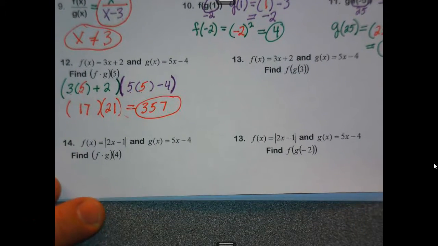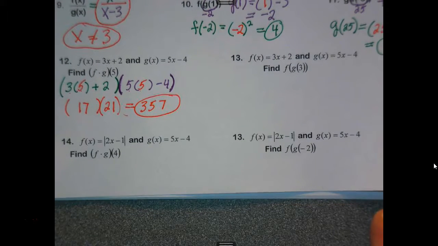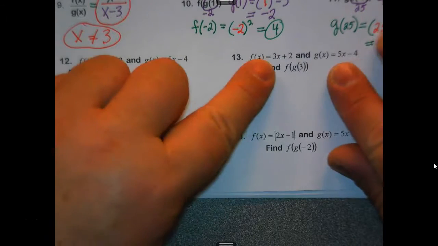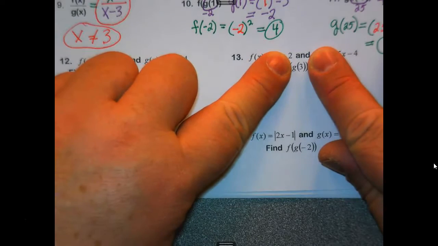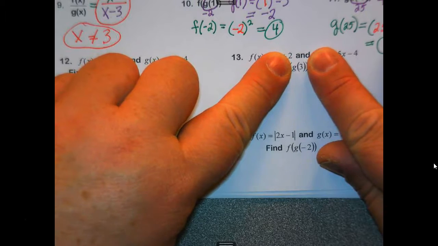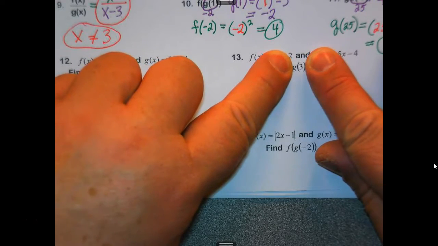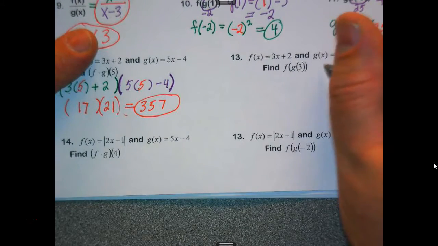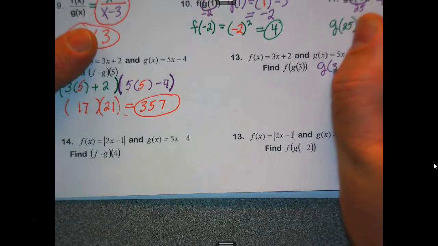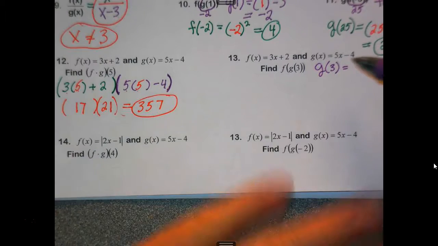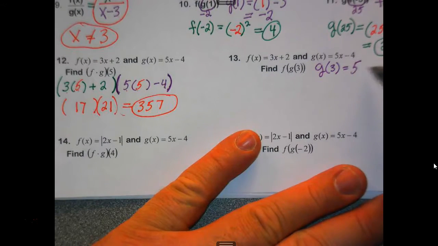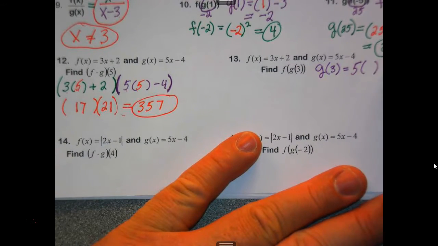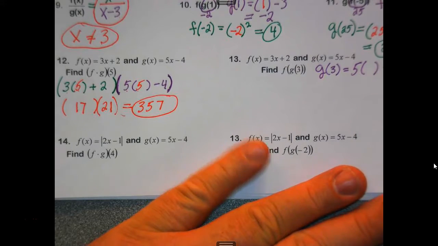Number 13. 13 is what kind of problem? That's right, a composite function. Start with the innermost function, which is g of 3. So we have to find the g of 3. My g function is 5 times x minus 4.